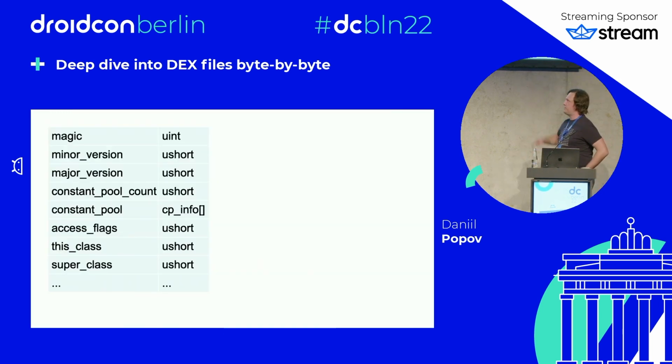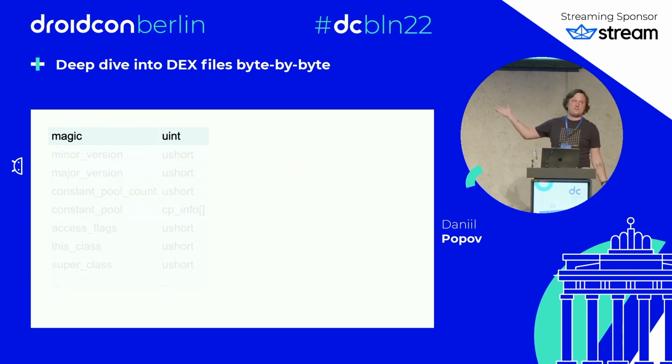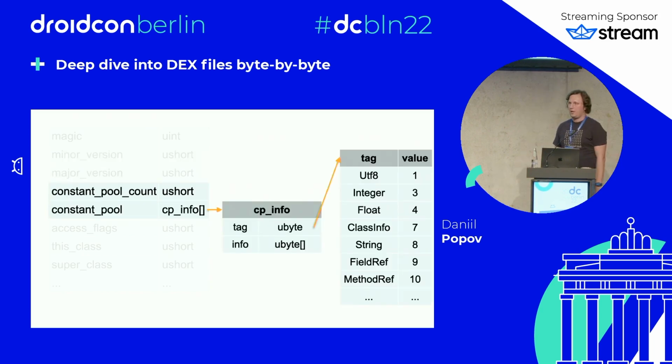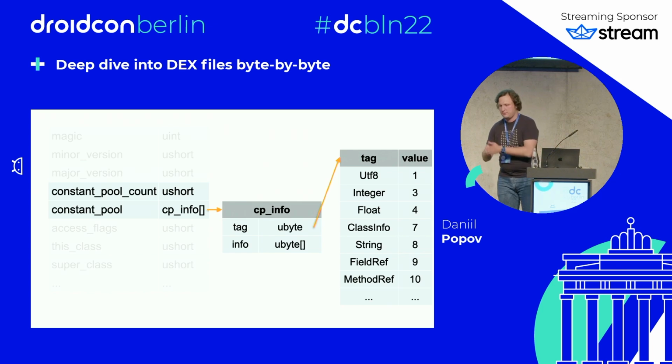I just copied this from the documentation of the Java virtual machine, showing how the class file looks from inside. As you might notice, there are almost the same fields: magic, version, constant pool. DEX has different dedicated tables for strings, types, prototypes, fields, and methods, while in a class file all these structures are bundled together in one constant pool.